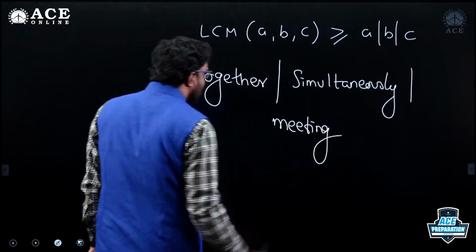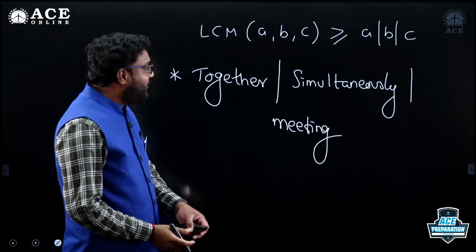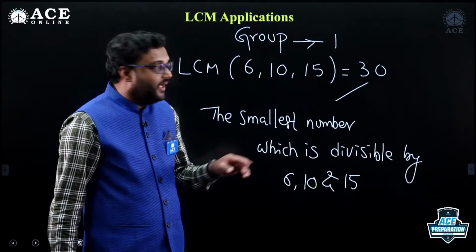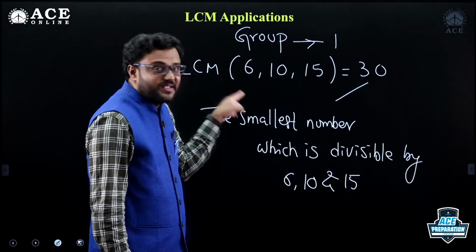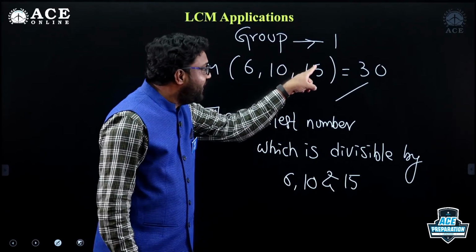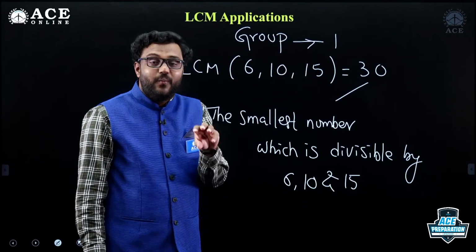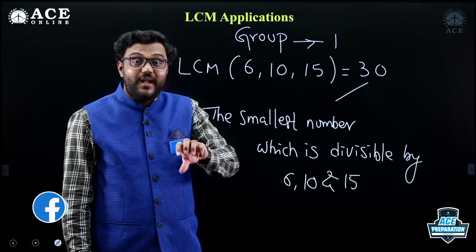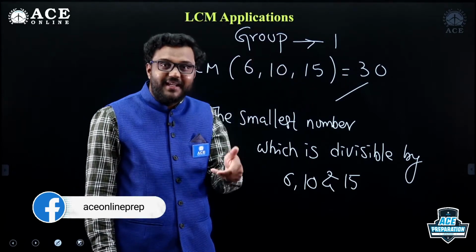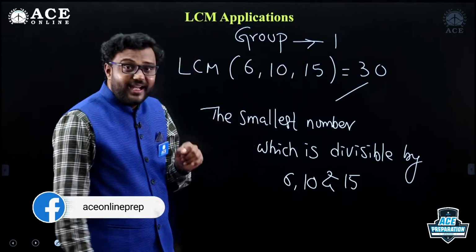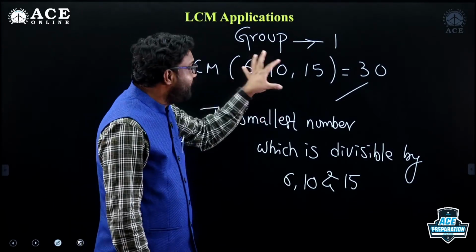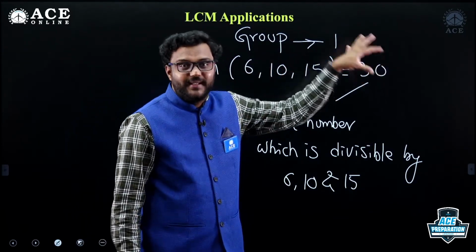Suppose you have three bells, A, B, C. The first bell rings every 6 minutes, the second every 10 minutes, the third every 15 minutes. When will all three bells ring together? Or when all three lights flash simultaneously? Or three people are walking around a circular track, completing one round in 6, 10 and 15 minutes respectively; when will all three meet at the starting point?